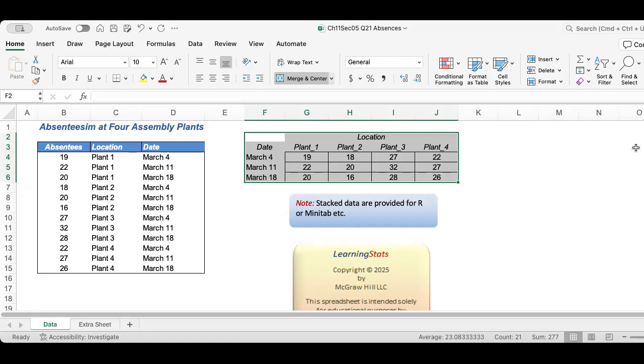I'm going to need 2 sets of hypotheses. It's asking me if absenteeism on a Friday afternoon is different based on what plant I'm at or which Friday it was. That's my 2 sets of factors here. So in terms of the rows, what's my null hypothesis here?